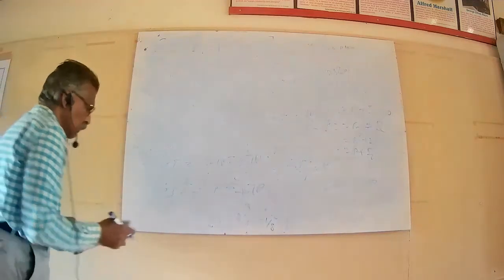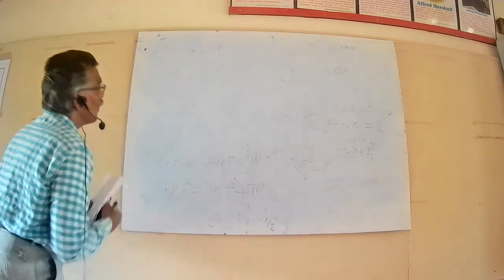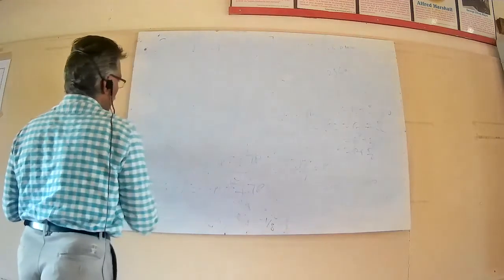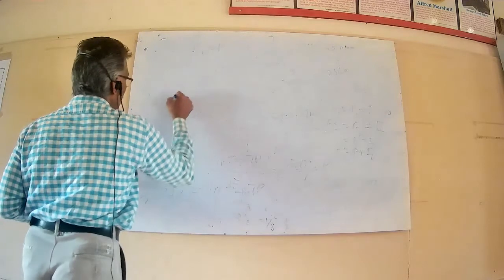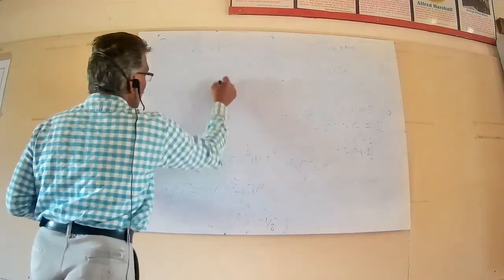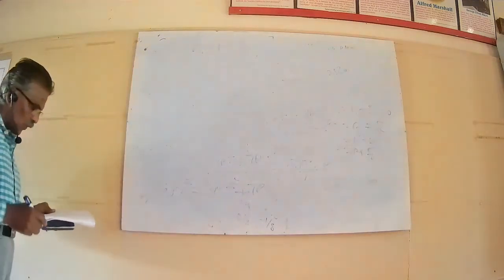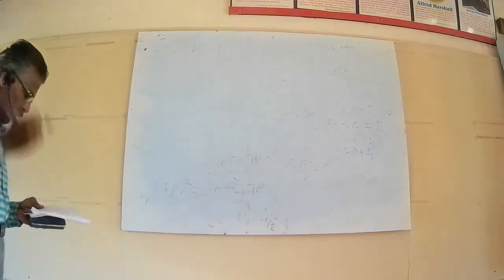Now P1 plus I1 equal to 2560. Now how much is P1?